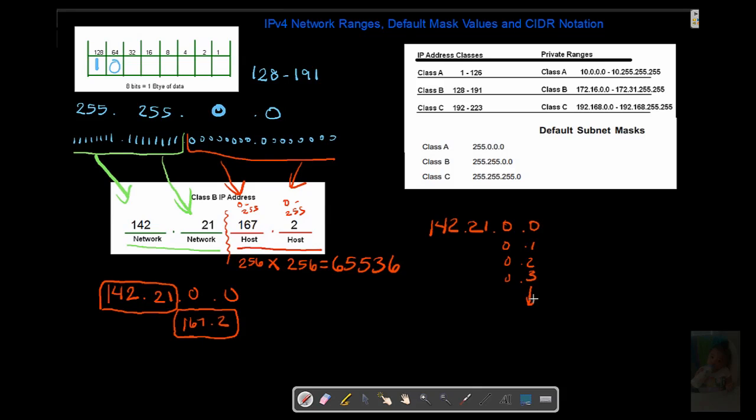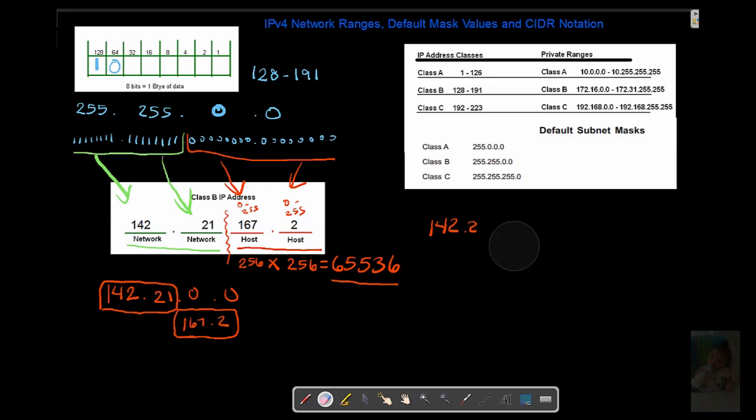This guy continues to build until he reaches 255, and then the next one becomes 1.0, 1.1, 1.2, and this continues to build until we hit 255 again. Then this third octet here actually becomes 2.0, 2.1, 2.2, and they continue to build that way. So when you go through that whole cycle, and this guy builds all the way up to 255.255, we're looking at 65,536 addresses. Of that, 2 of them are not usable.